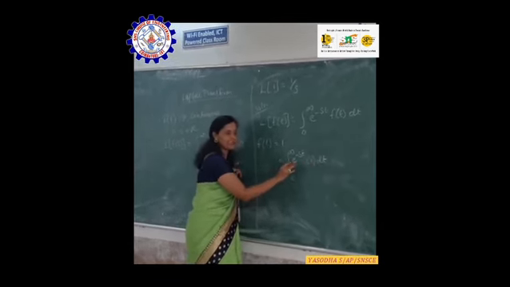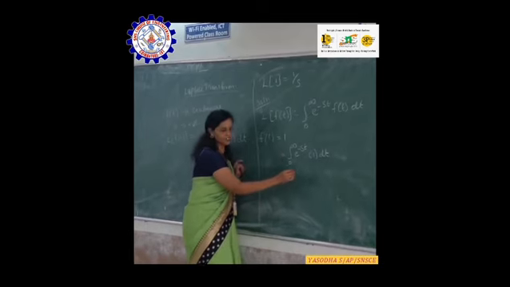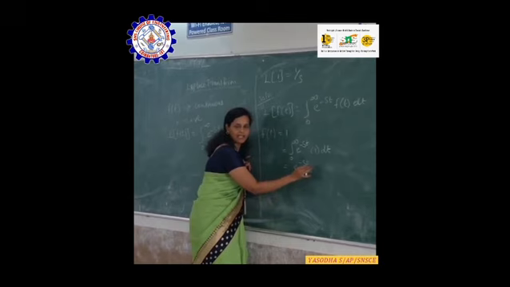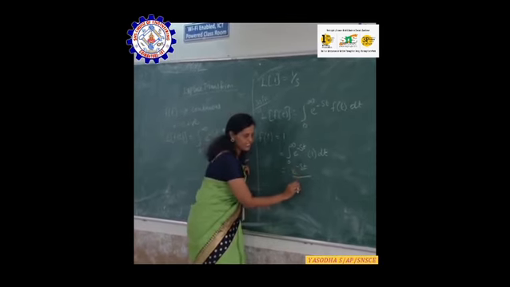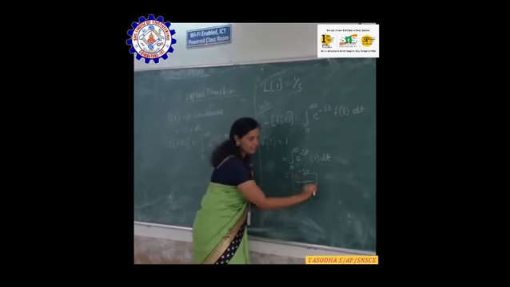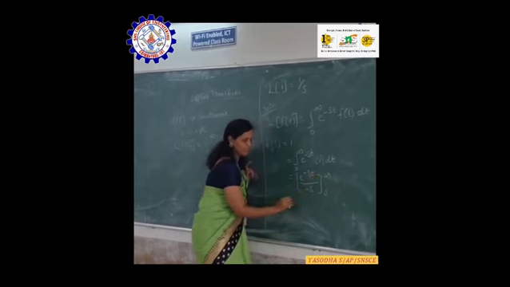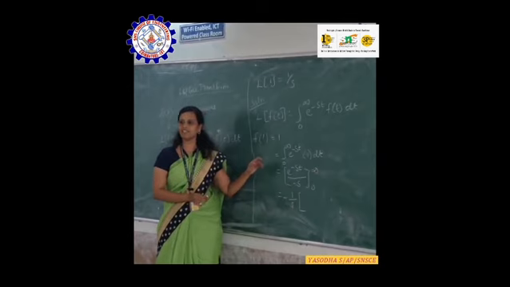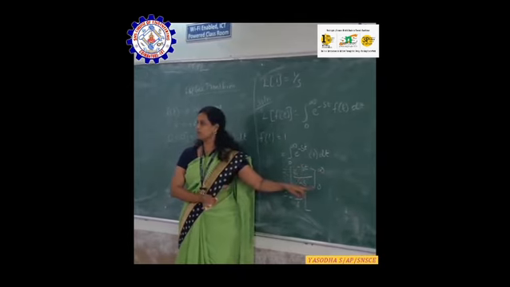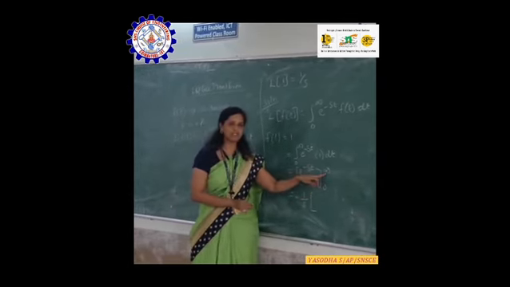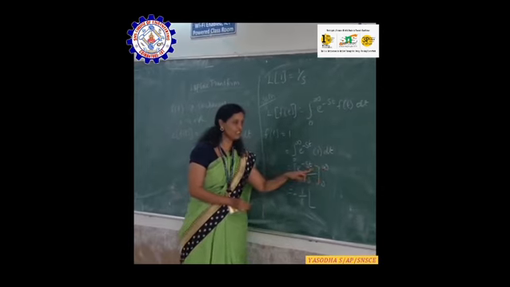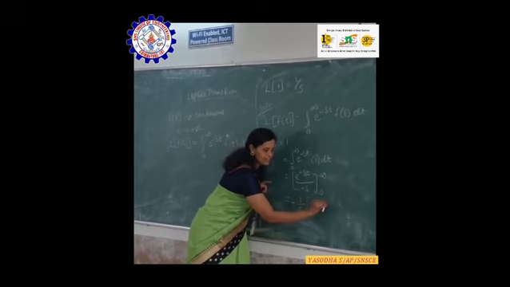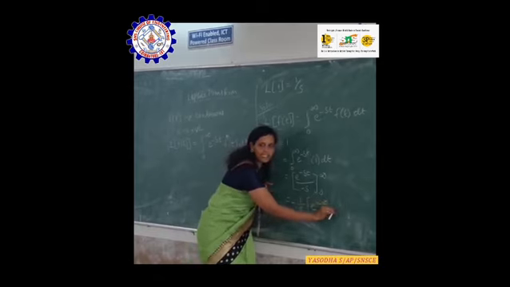Now you integrate with respect to t. What is the integral of e^(-st) dt? e^(-st) divided by the coefficient of t, that is minus s, with limits 0 to infinity. Now take the 1/(-s) outside. Now you apply the limits: upper limit minus lower limit. What is the upper limit? Instead of t you substitute infinity, so e^(-infinity).